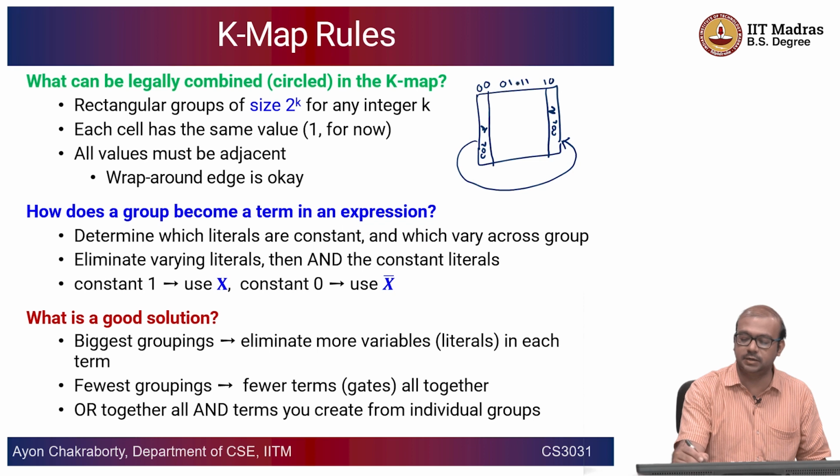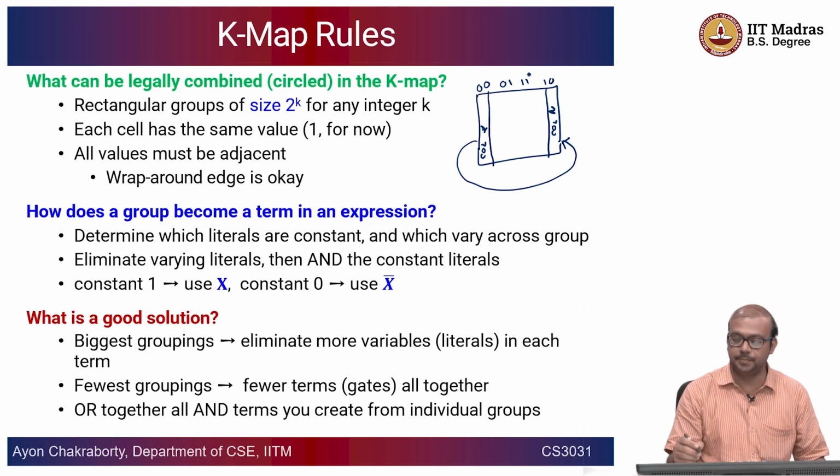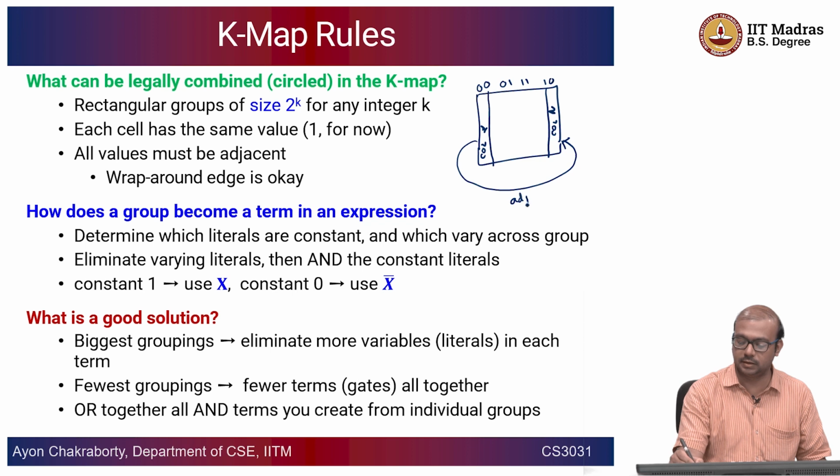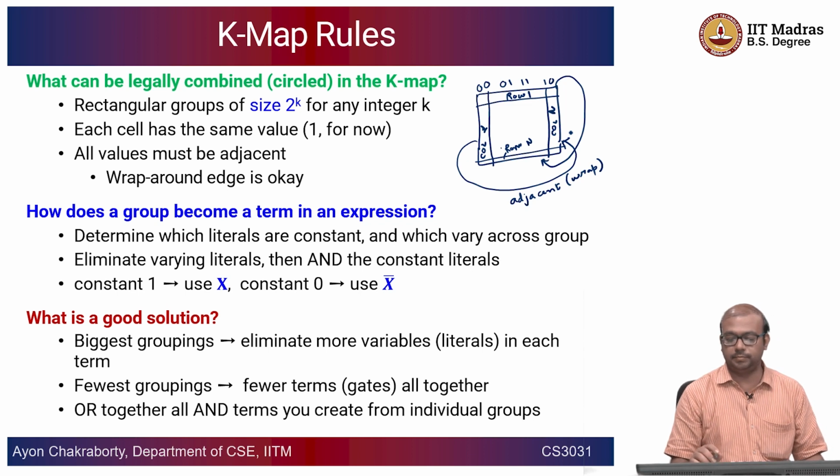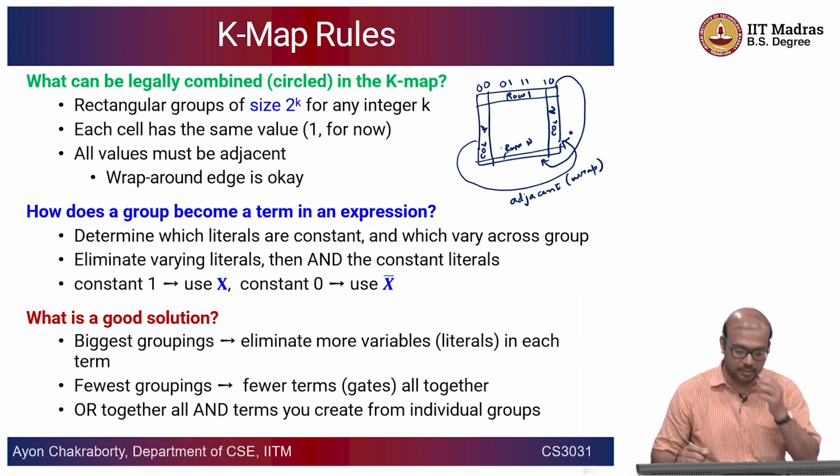So 1 0 is adjacent to 0 0 in terms of only 1 bit flips. Okay, this is adjacent. So that is another thing called wrap around. Similarly, we can also wrap around the top row. So if this is row 1 and this is row n, this could similarly be wrapped around. Okay, so this is something where we typically make mistakes. We need to remember that this wrap around is very important for the Kmap to create an optimal solution.